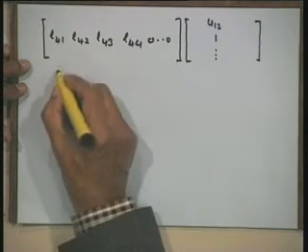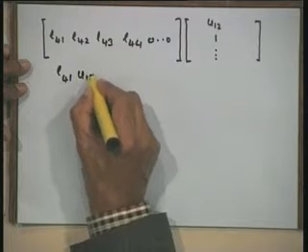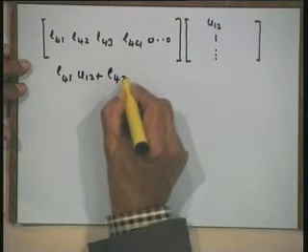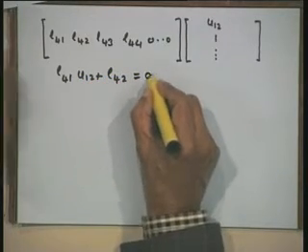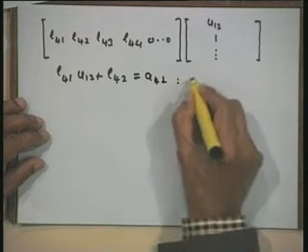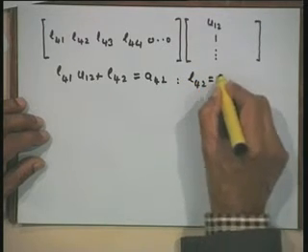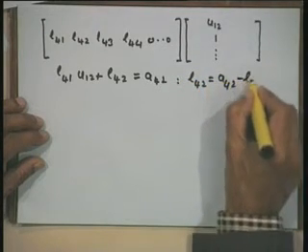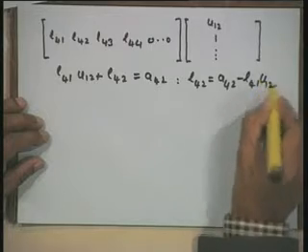If I multiply, I get L41 U12 plus L42 is equal to A42. Therefore, I get L42 is equal to A42 minus L41 U12.